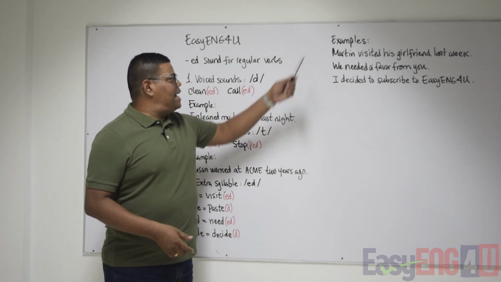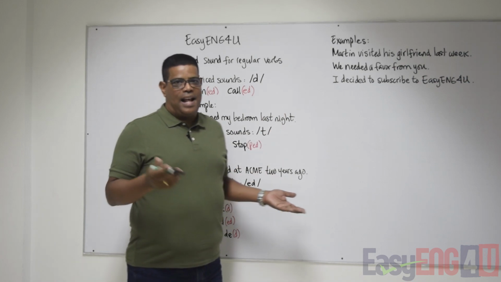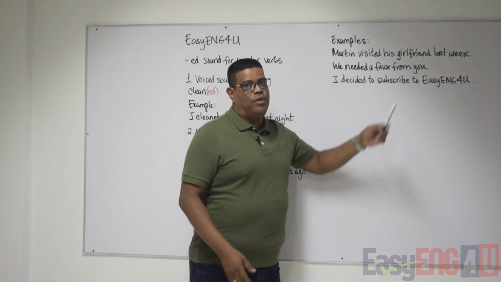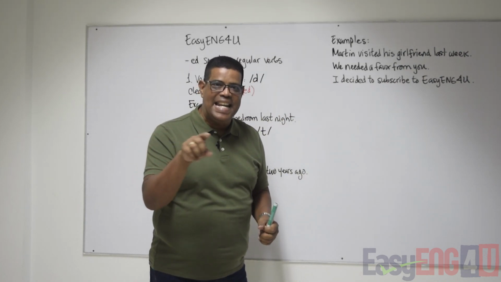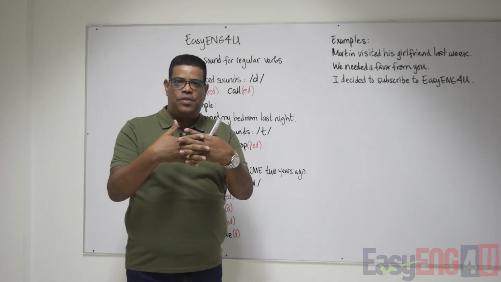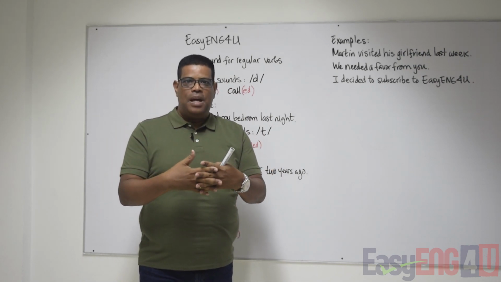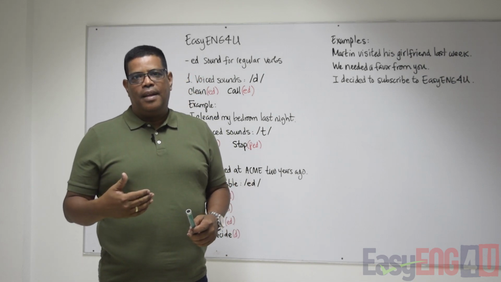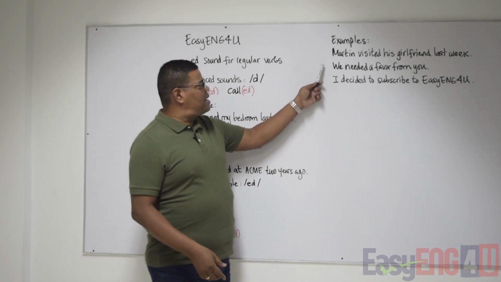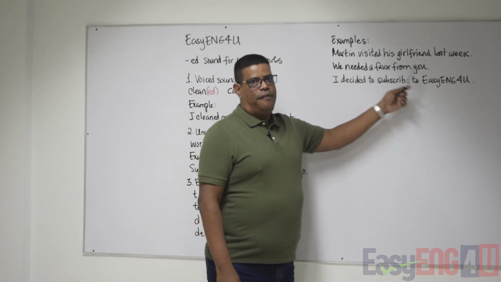So, again, Martin visited his girlfriend last week. How about the second one? We needed a favor. You have to use the linking of sounds in English. You have to blend them. That's the way English-speaking people speak around the world. Okay, so this example would be, we needed a favor from you.